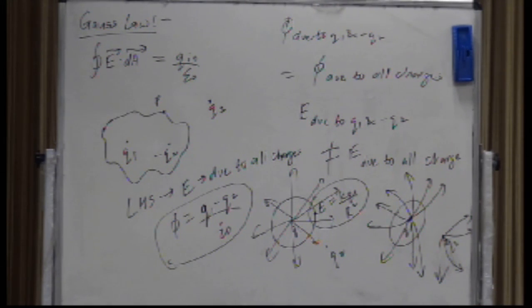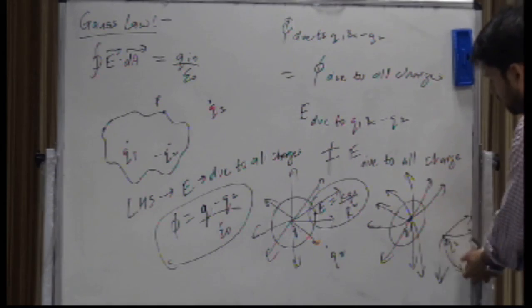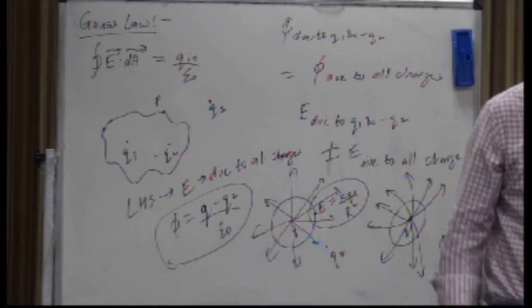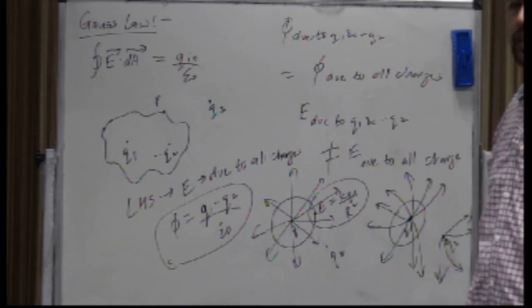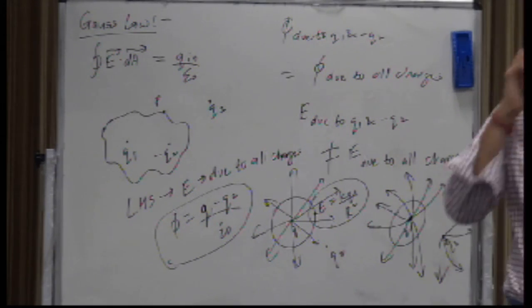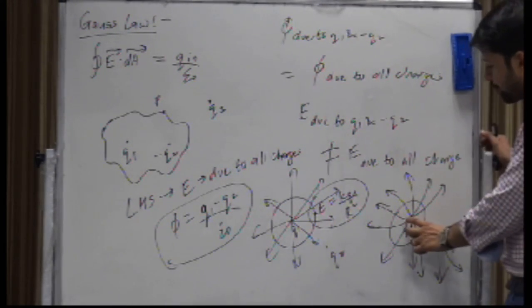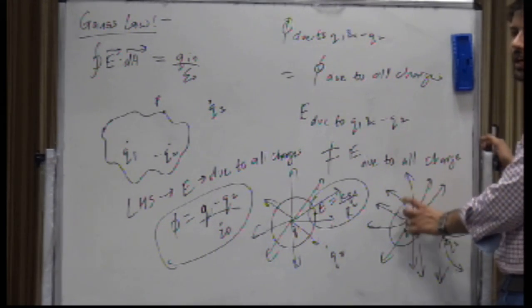If Q2 had been negative, then the field lines would have bent toward Q2. Some of the field lines would have started terminating on Q2, and the rest would have gone to infinity. The field between these two points won't be zero when the charges are opposite.